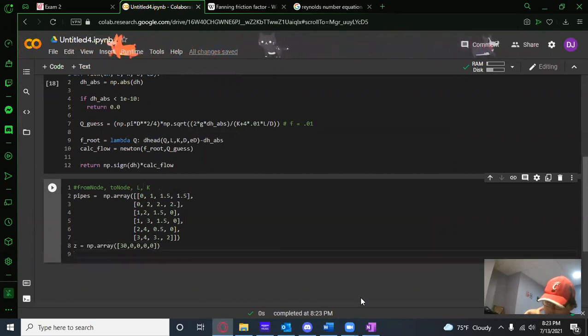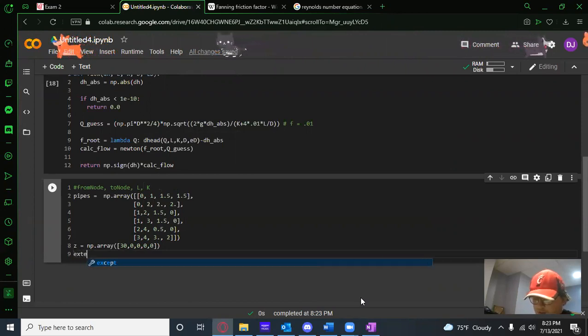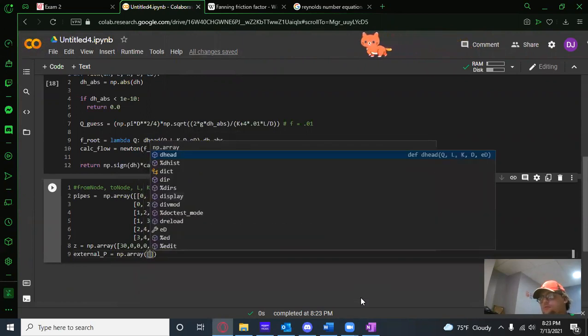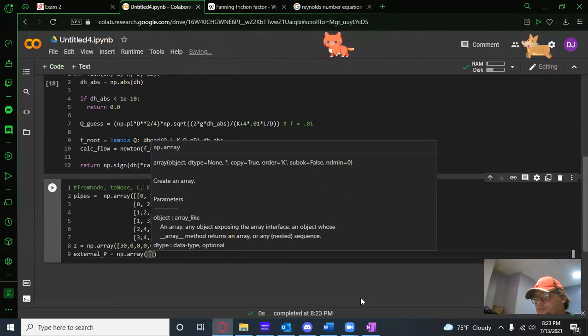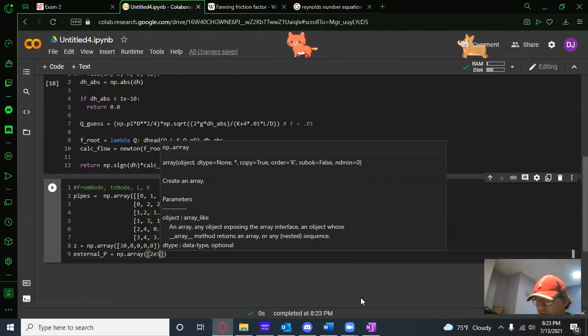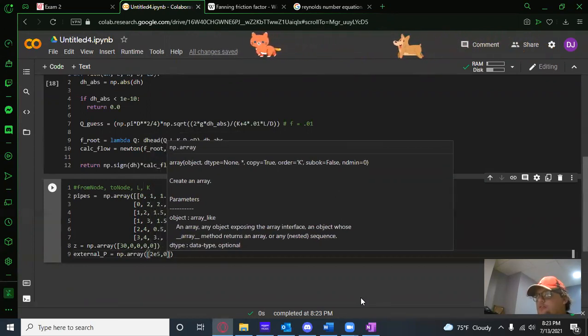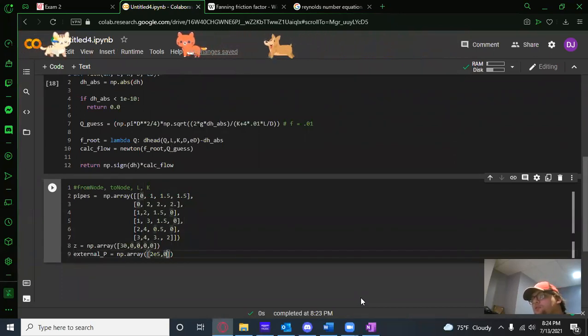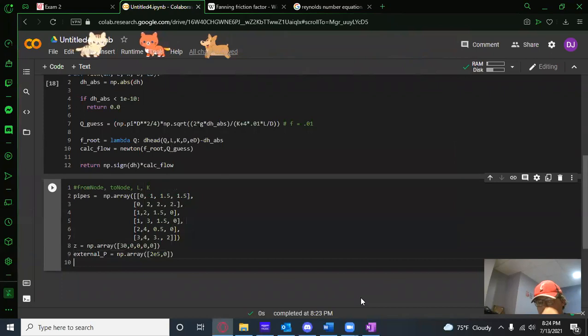Now let's go ahead and create our external pressure array, where we have 2 each of 5th pascals and 0 pascals. This is for node 0, this is for node 4, because those are the 2 external.